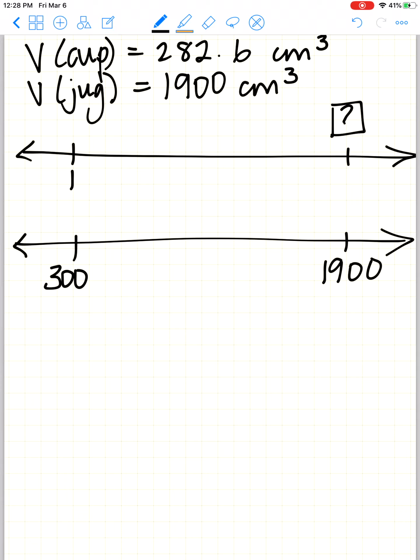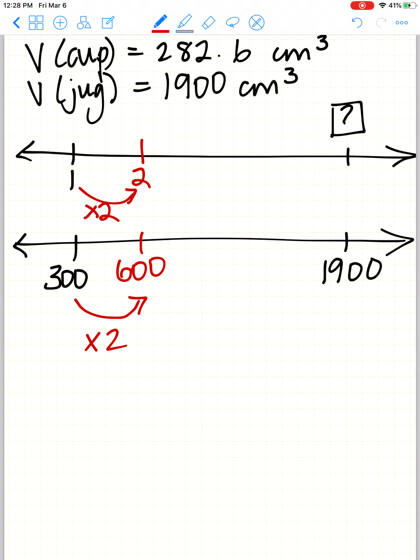So I'm going to use my proportional reasoning, and think, well, how many times bigger is 1,900 than 300? I'm not sure. But I do know that if I took 300 and multiplied it by 2, I would find a volume of 600 cubic centimeters. And so if I had 2 cups, that's what my volume would be.